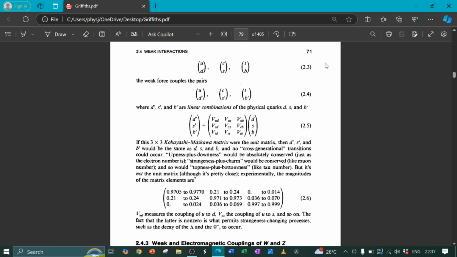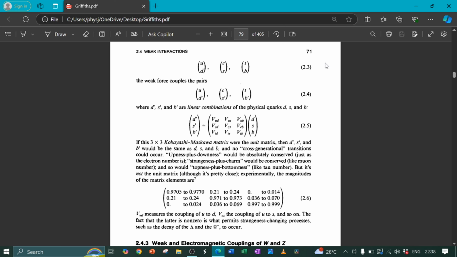Experimentally, the magnitudes of the matrix elements are 0.9705 to 0.9770, 0.21 to 0.24, 0.0 to 0.024, 0.21 to 0.24, 0.971 to 0.973, 0.036 to 0.069, 0.0 to 0.014, 0.036 to 0.070, 0.997 to 0.999.